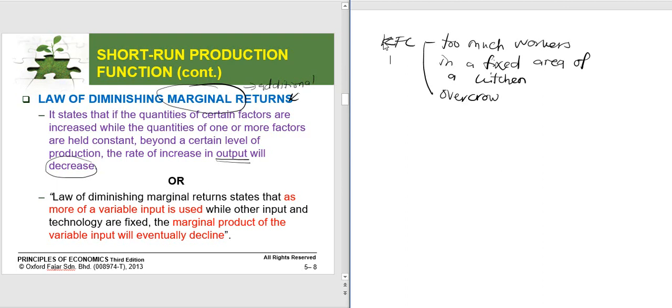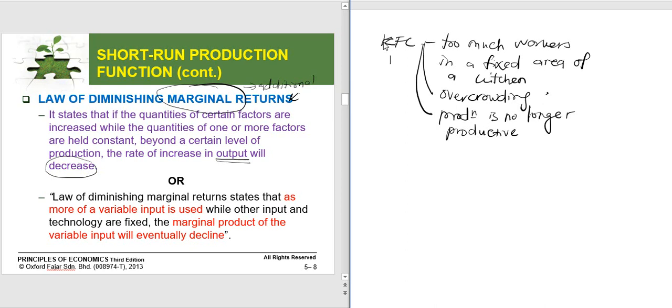So what will happen is there will be overcrowding. So this labor will no longer be productive. Basically 2 or 3 workers will do just the same job. So the production will no longer be productive, or the workers are no longer productive.